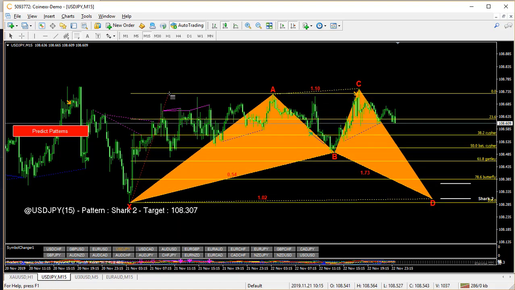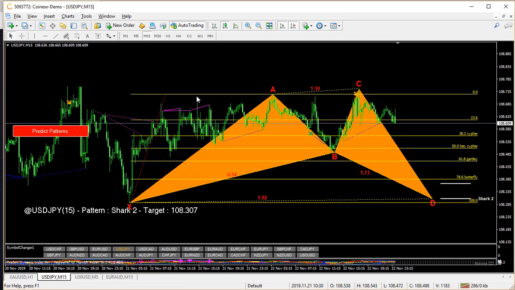From experience, the Shark pattern will sometimes turn into a Cipher. A Cipher has to break that A point, the A structure. So I'll probably keep an eye on this. I will move USDJPY into my watch list.